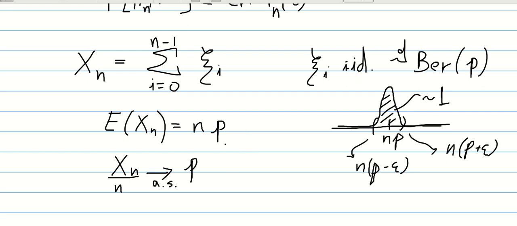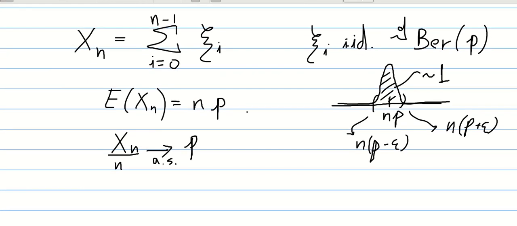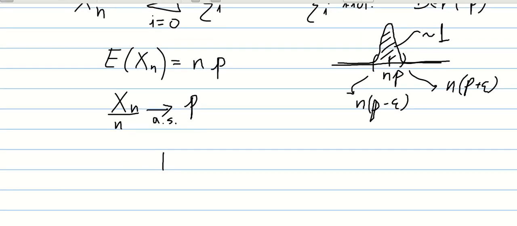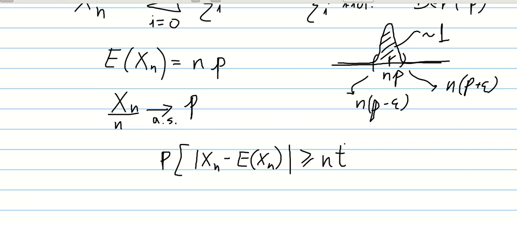This is what we're going to pursue in this lecture. We're going to look at the probability that X_n minus its expectation is bigger than n times some t. And we want a very explicit bound.